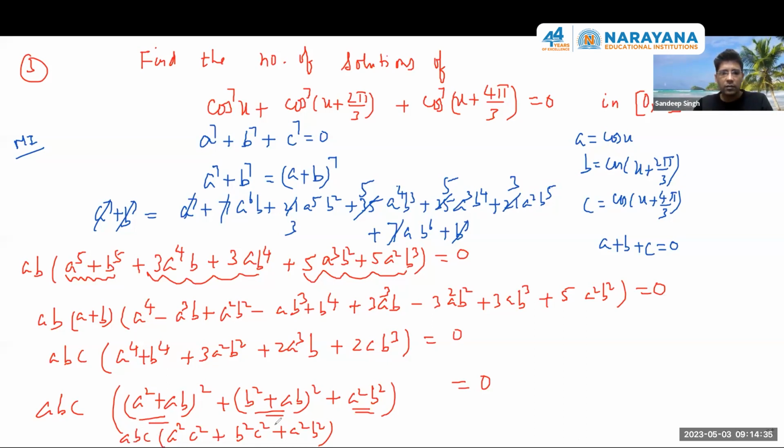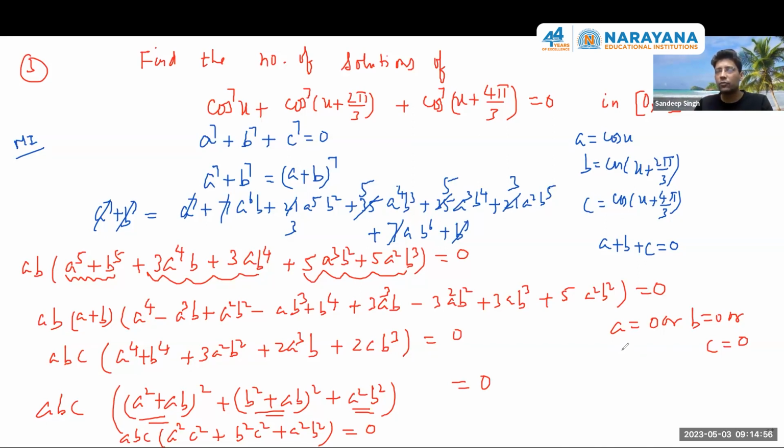Can you see this line? The last line. So these are the factors. Correct? And again, this could only be 0 if either A is 0 or B is 0 or C is 0. Correct? So how many solutions are there for this? So cos x will be 0.